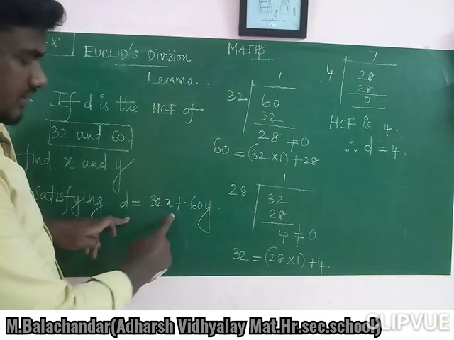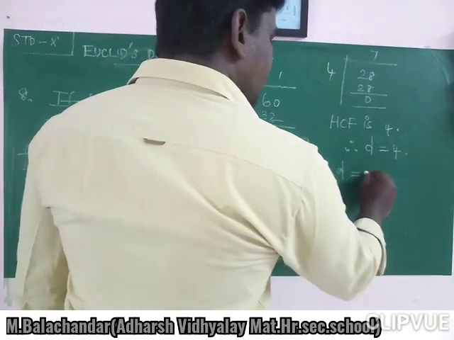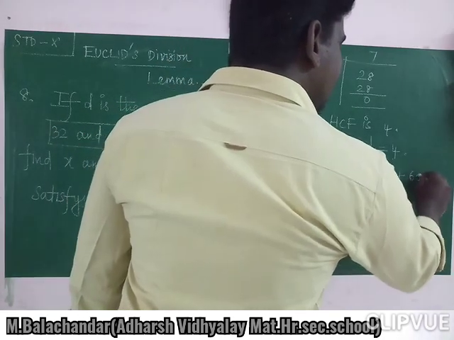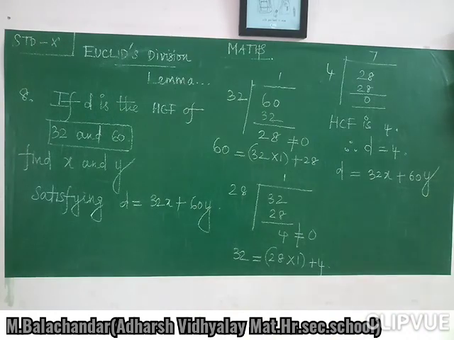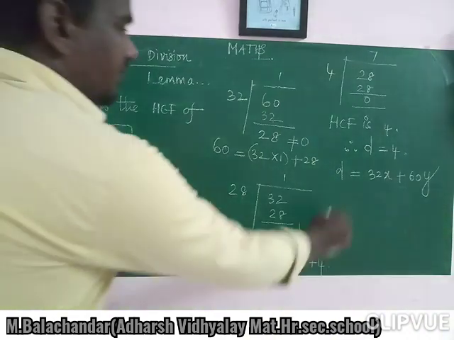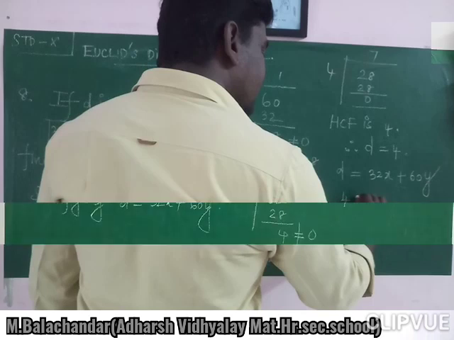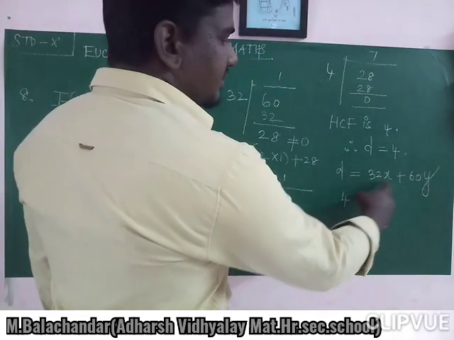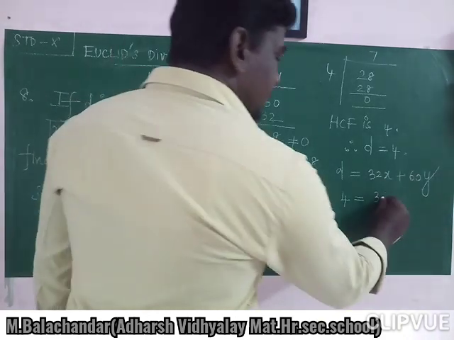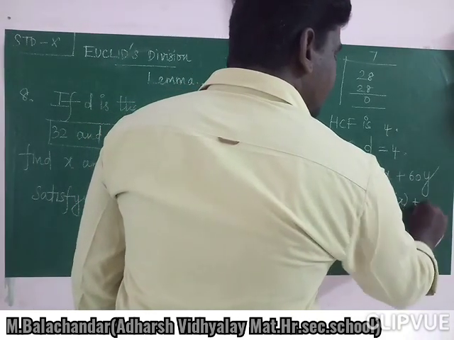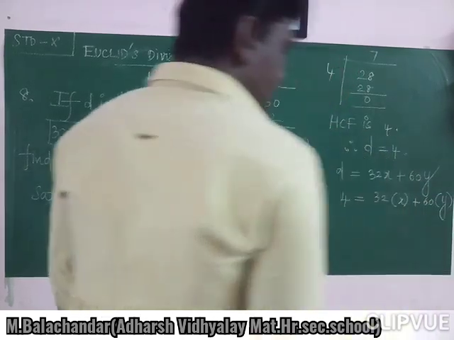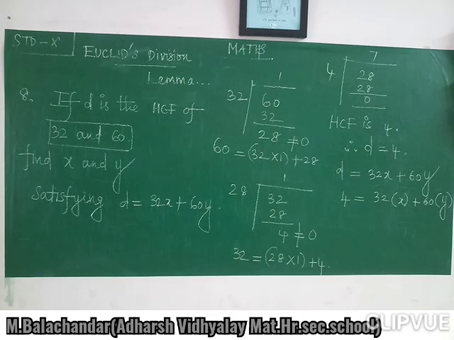So D is equal to 32x plus 60y. So we are going to find the value of x and y. If value of D equal to 4 means 32 into x plus 60 into y. Okay. So if you assume x is equal to 2, 32 into 2 is 64, minus 60 into y, with y equal to minus 1.